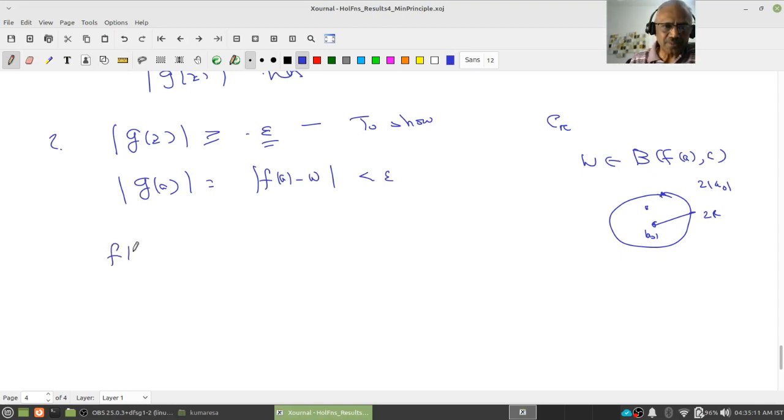G of w is f of g of z is f of z minus w, right? Now let us try to estimate. What do I know? W is in B f epsilon, right?